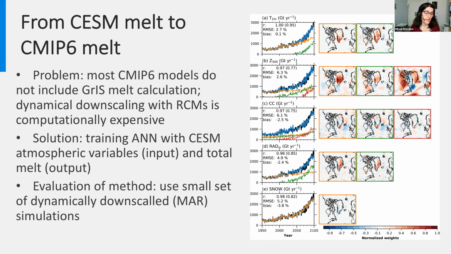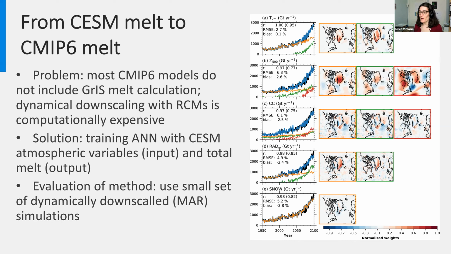So Raymond Sellevold came with the idea of training an artificial neural network with input of atmospheric variables of the community model and the melt calculated by it, and trying to use these patterns to obtain melt for the whole set of the CMIP6 models.